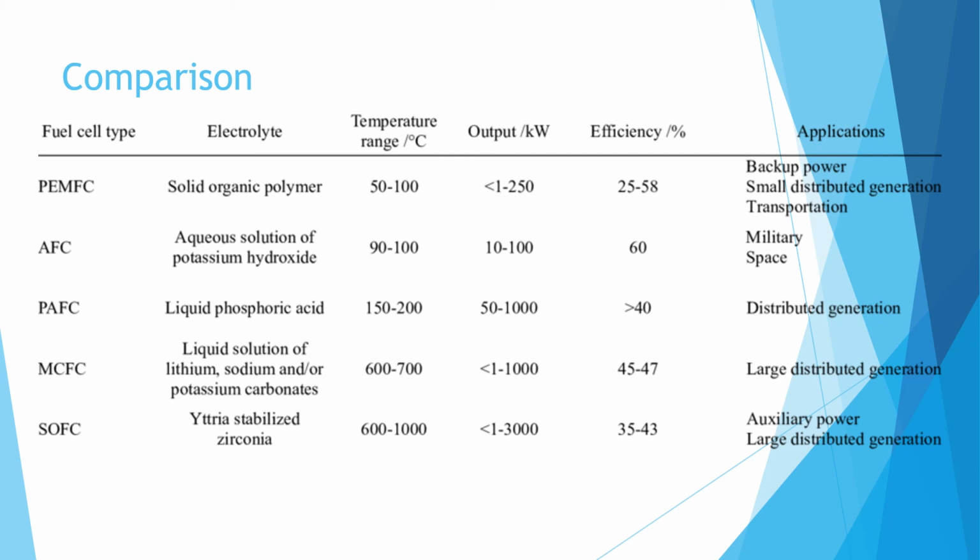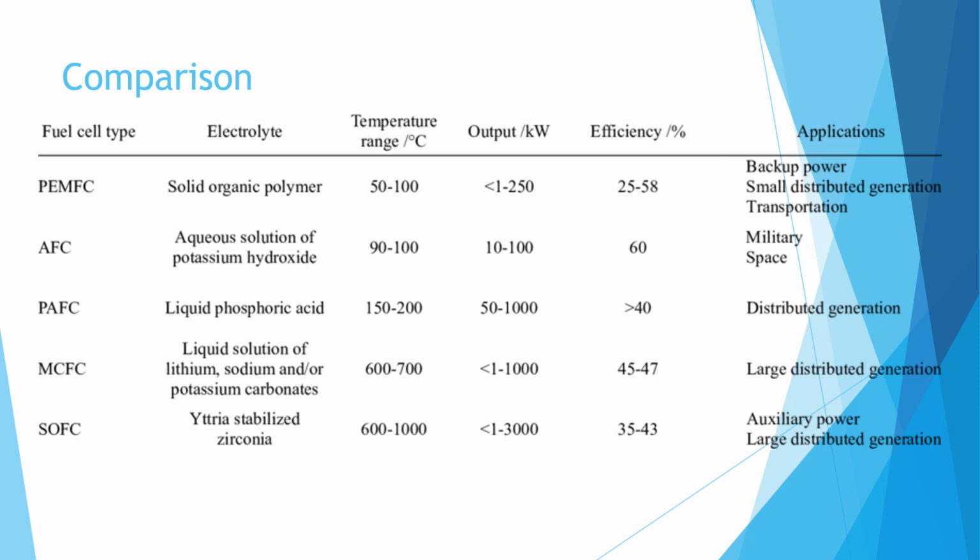From the comparison table, you can find the lowest output is for AFC, where the output is 300 watt to 5 to 10 kilowatts, and higher is SOFC solid oxide fuel cell.